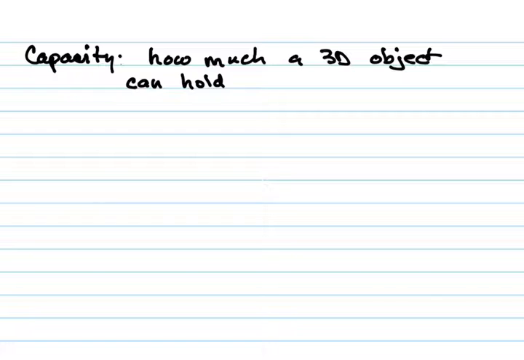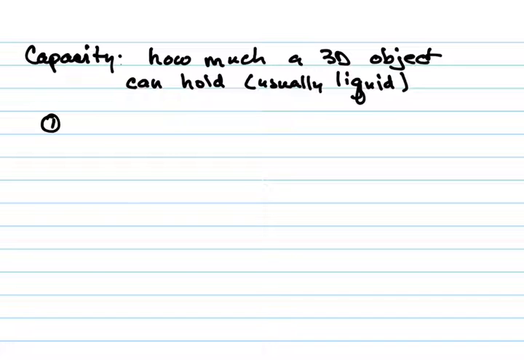Now, we generally think of this as a liquid measurement. So the basic unit for liquids, of course, in the metric system is the liter. It doesn't have to be a liquid, but we still use the liquid measurement when we're doing this.